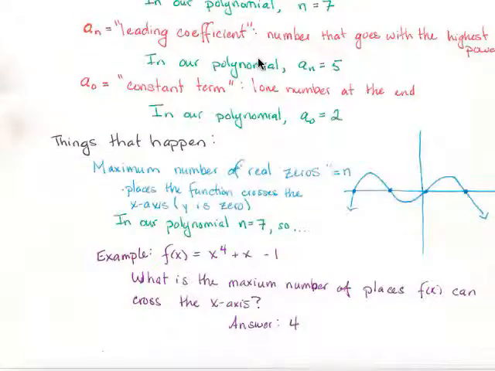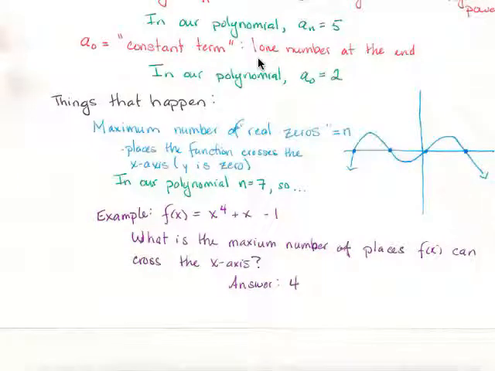Okay, things that happen with polynomials, trends that sort of tend to happen. The maximum number of real zeros is equal to n. So now the question is, what is a real zero? What does that mean?